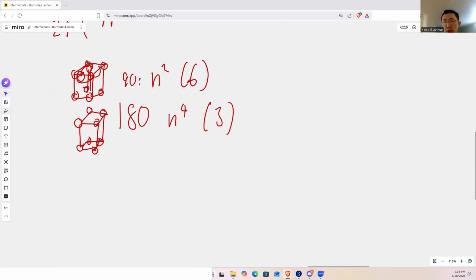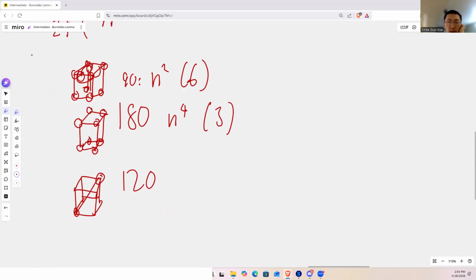For the 120-degree rotation about a space diagonal connecting opposite corners, the corners can be any color, so n squared.